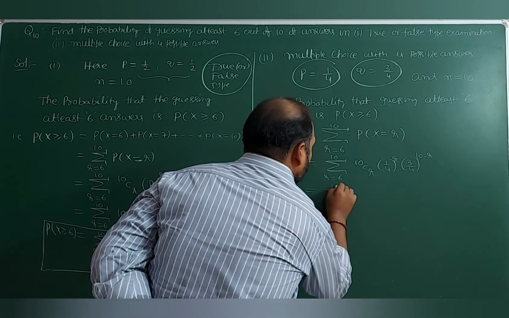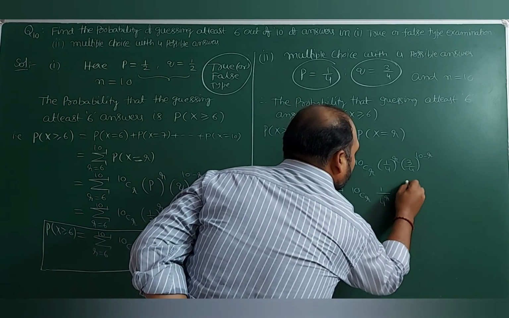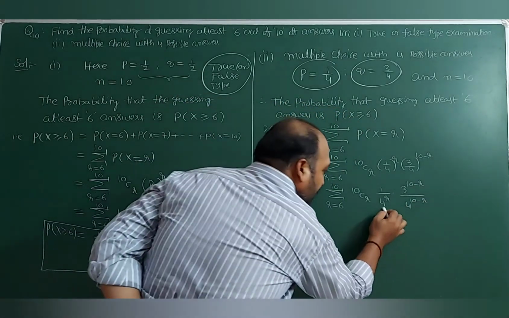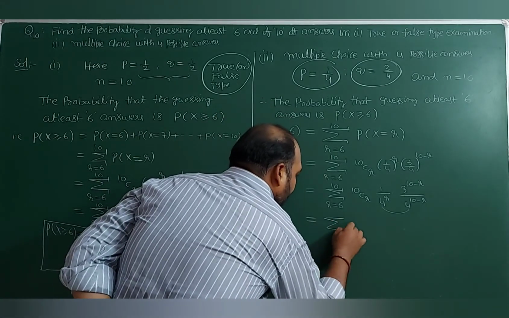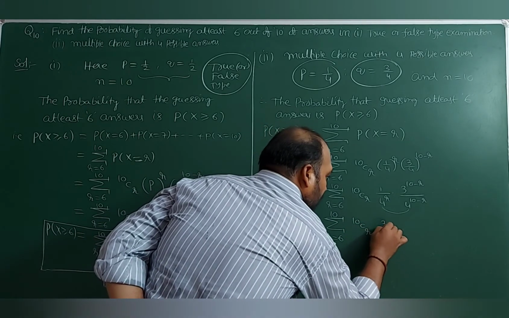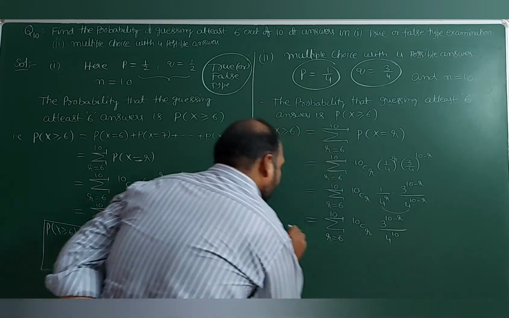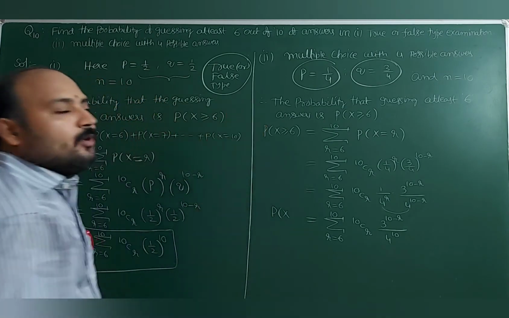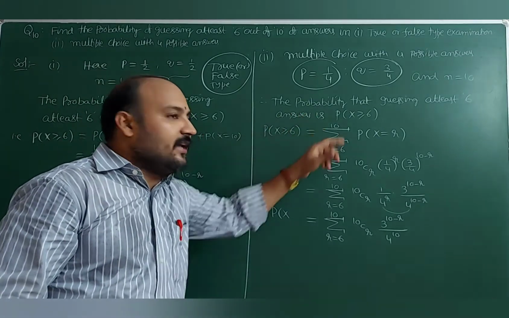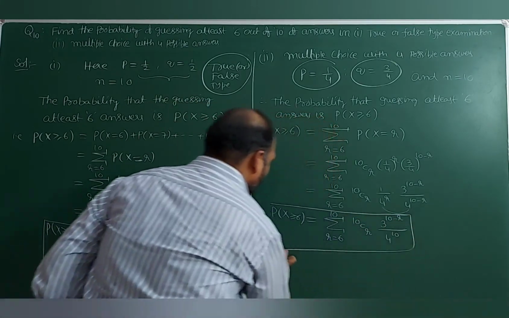Sigma r is equal to 6 to 10, 10 C r, 1 by 4 power r, 3 power 10 minus r by 4 power 10 minus r. The bases are equal, so the powers should be added in the denominator. Sigma r is equal to 6 to 10, 10 C r, 3 power 10 minus r divided by 4 power 10, since minus r plus r cancel. Therefore, in the case of the multiple choice question, the probability of guessing at least 6 answers, P of x greater than or equal to 6, is this one.